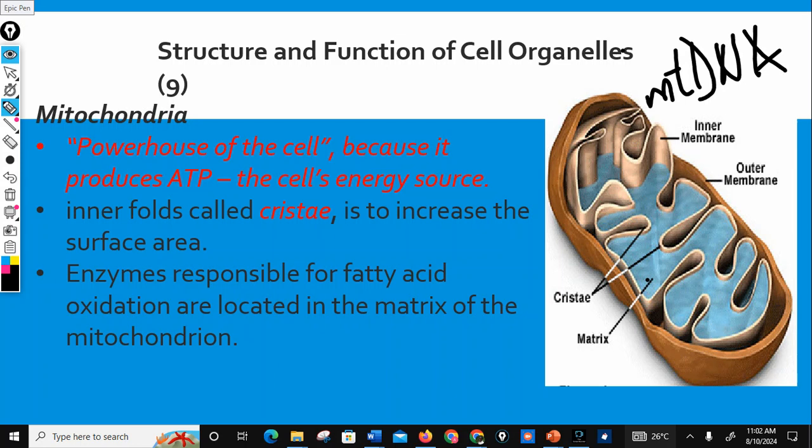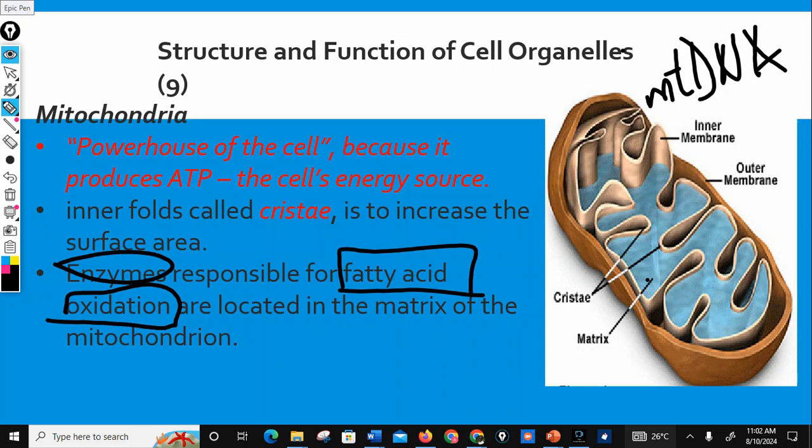All right. Then enzymes responsible for fatty acid oxidation are located in the matrix of the mitochondria. So fatty acid oxidation, the oxidation of fatty acids, I talked about. I'm going to link that video in the description also, where I talked about oxidation of fatty acids. The enzymes that are responsible for oxidizing fatty acids are located in this matrix.